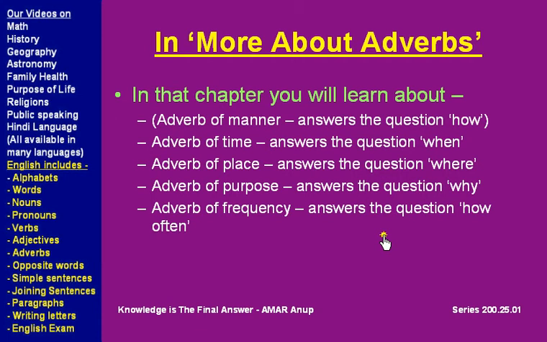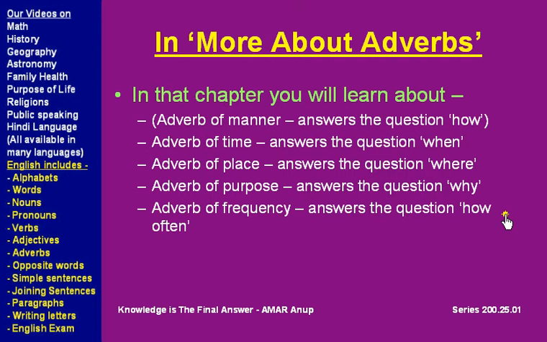Adverb of time answers the question when some action took place. Adverb of place tells where an action took place. Adverb of purpose tells why an action took place. And adverb of frequency tells how often did the action take place.